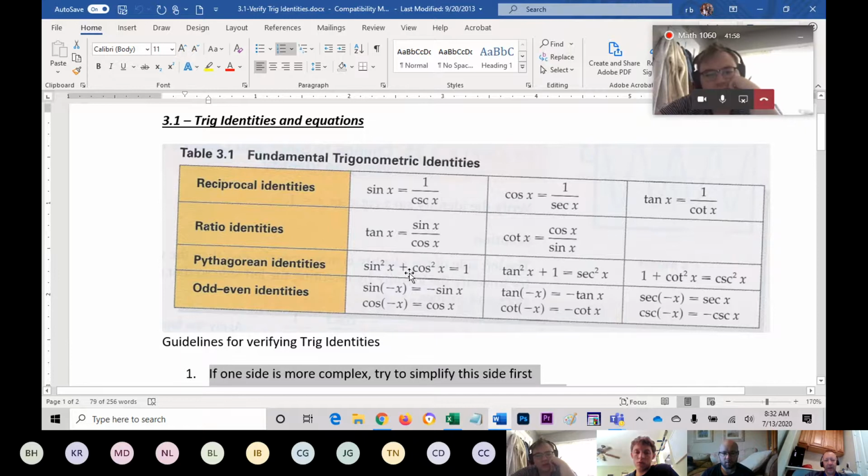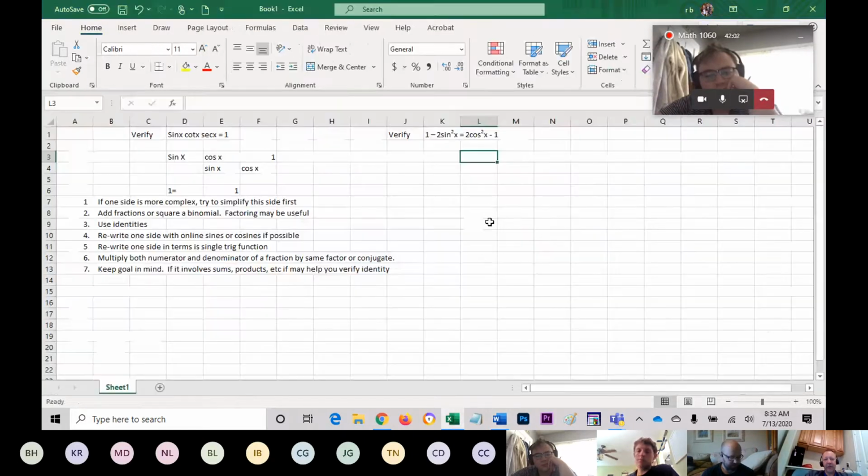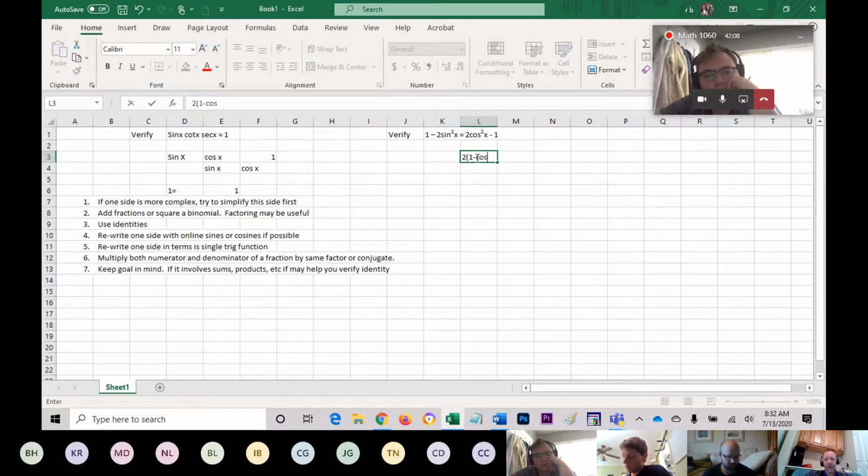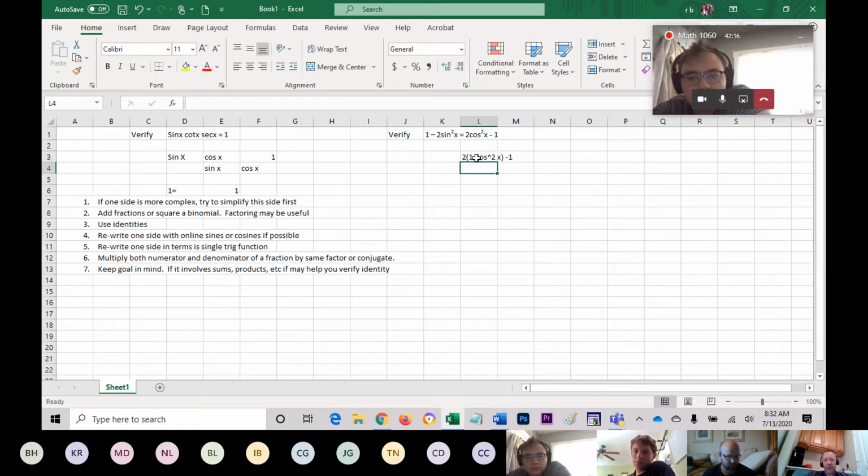Yeah, we can use one of the Pythagorean identities right here. The cosine squared equals 1 minus the sine squared of x. So I'm going to rewrite this as 2 times 1 minus the cosine squared of x minus 1. Okay?